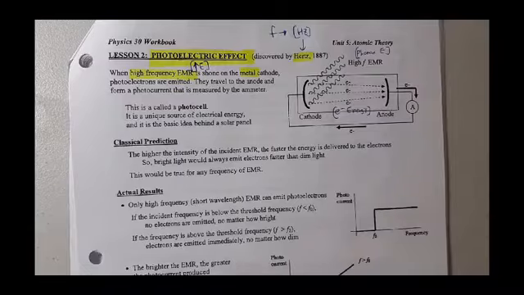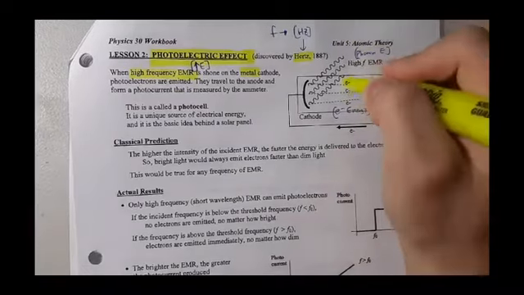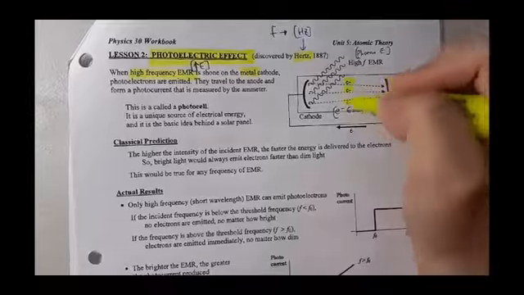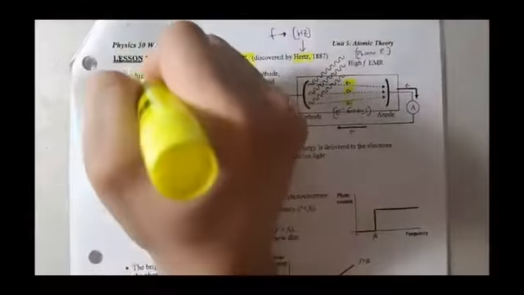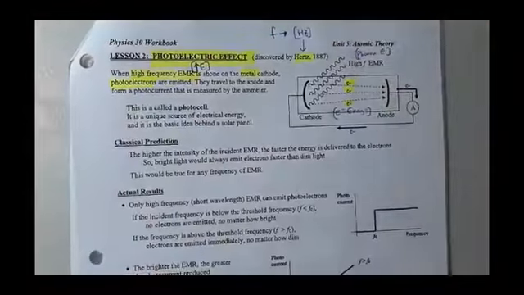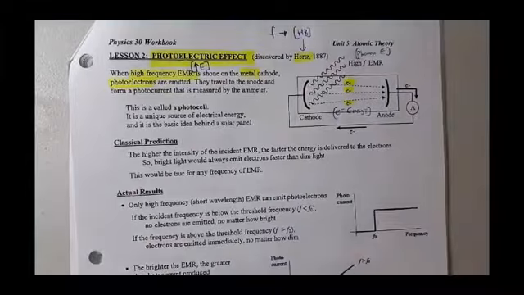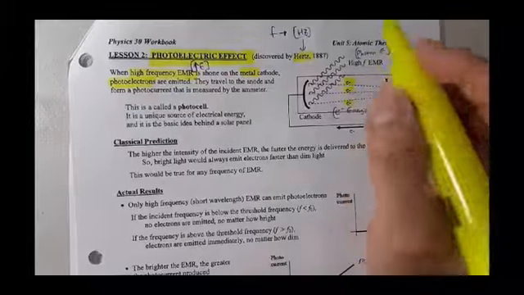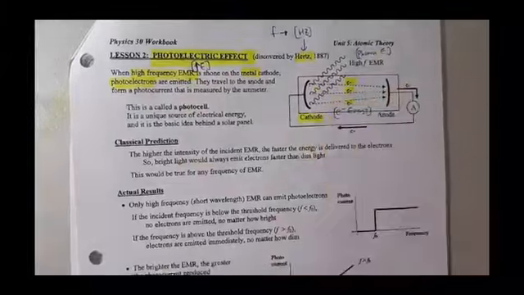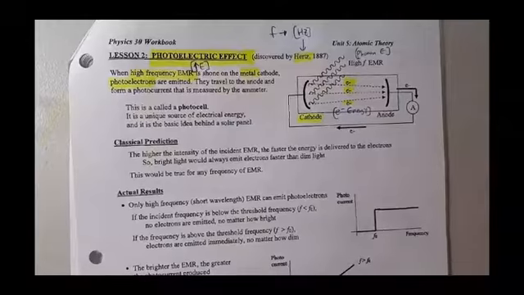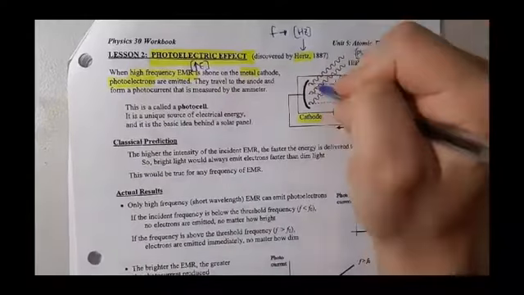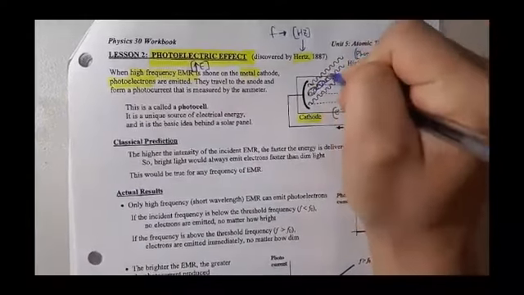Whatever electrons are emitted due to the bombardment of EMR, we call these photoelectrons. And they travel, of course, to the opposite electrode, known as the anode. The cathode is the one that has a bunch of continuous photons.